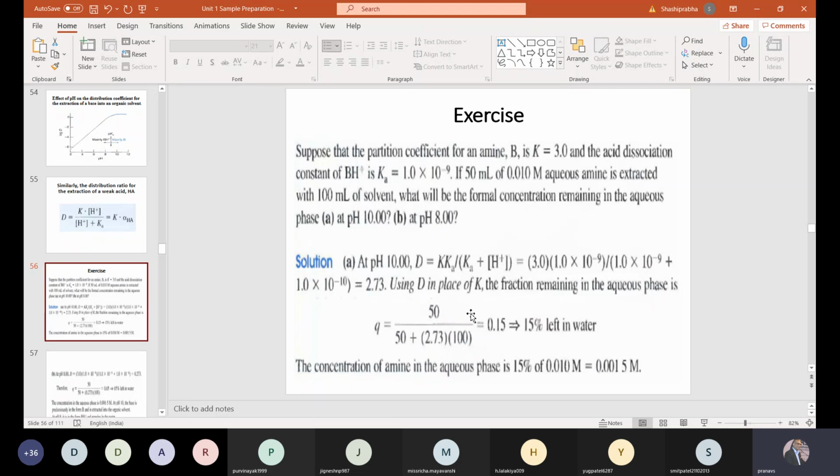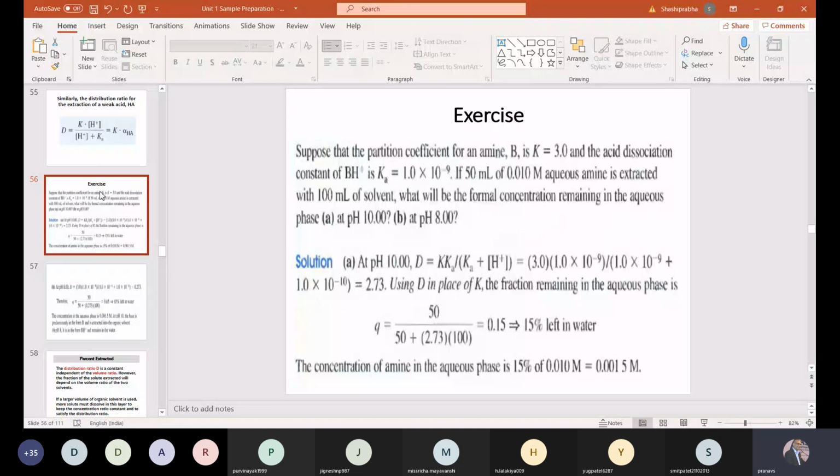Now, when we find out the amount of extraction in terms of fraction, using that same formula, 50 ml is your V1 and this is V2, 100 ml, and instead of 3, because at pH 10 it comes out to be 2.73, we just replace K with D here, because this is the condition.